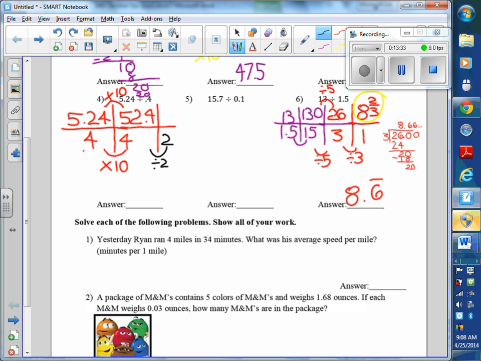So what's half of 2.4? 1.2, like 12, right? So half of 50 was 25, right? And half of 2.4 was 1, what? Right. So half of 52.4 is 26.2, because I add those two together.